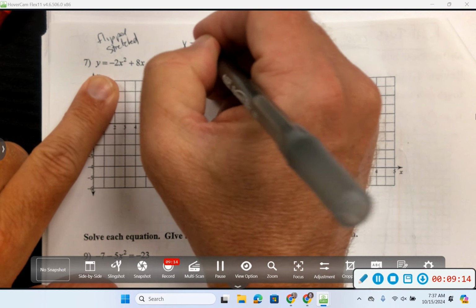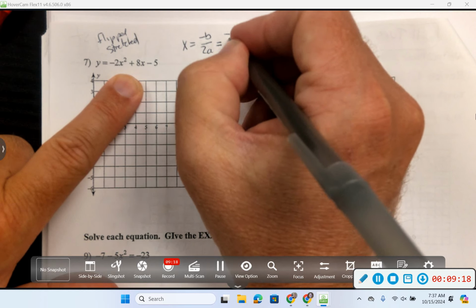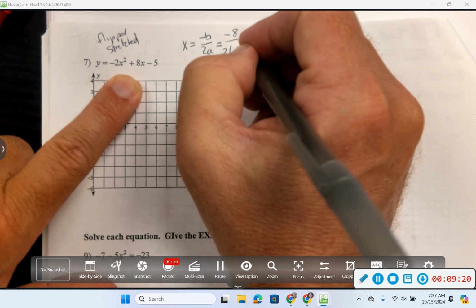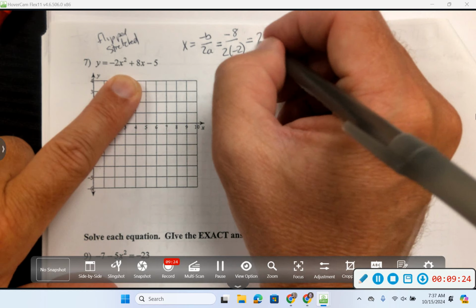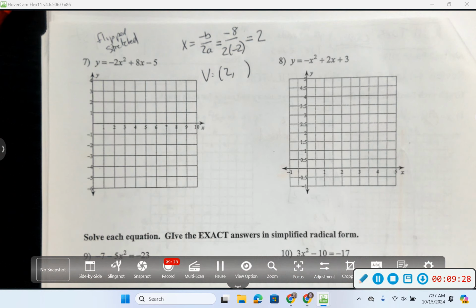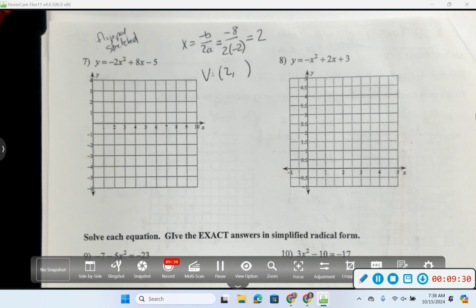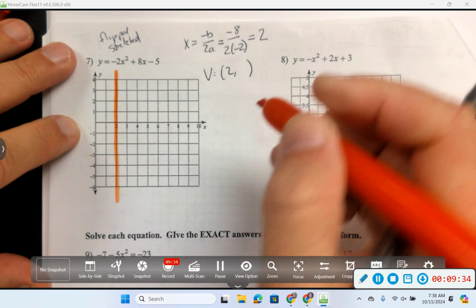X equals negative b over 2a, so that would be negative 8 over 2 times negative 2. 8 over 4 is 2. So my vertex is 2 comma something. Also means my axis of symmetry is x equals 2.